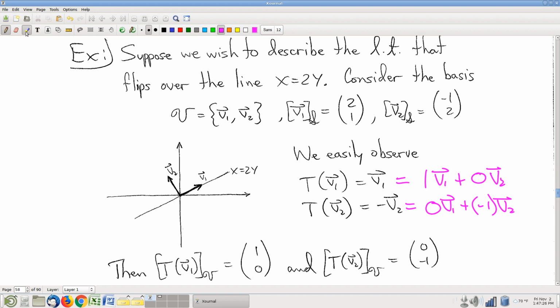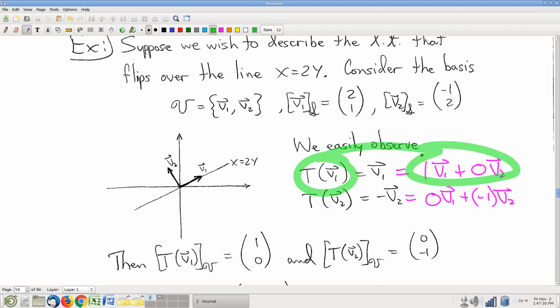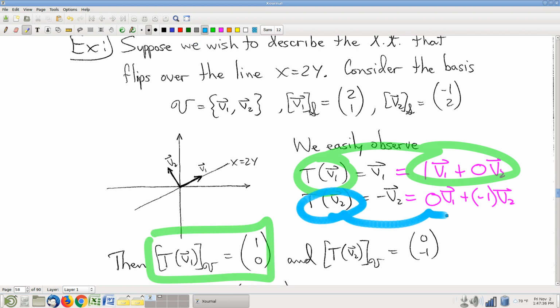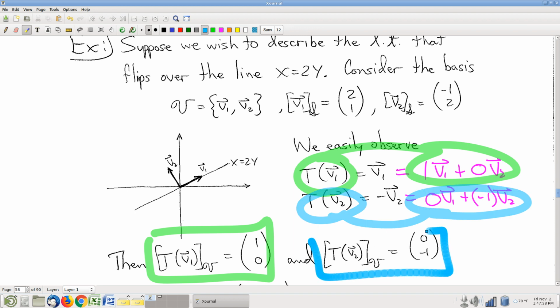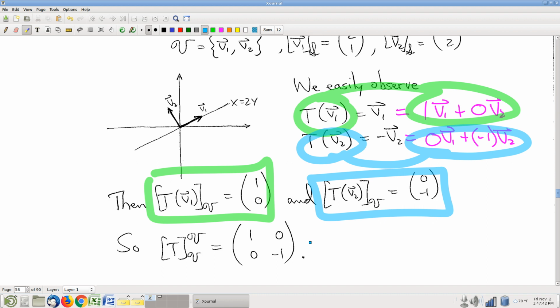So having done that, this statement here tells me that. This statement here tells me that. And I have now exactly what I need to write this linear transformation T, the reflection over that line.